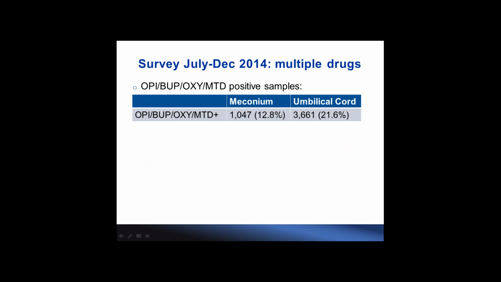We identified 13% of meconium samples and 20% of umbilical cord samples overall that are positive for at least one of the 4 drug types. What's interesting to us is that of those opioid positive cases, 20% are also positive for AMP, coke, or THC. Those are illicit drugs that work differently from opioids, and they may complicate managing the NAS cases.